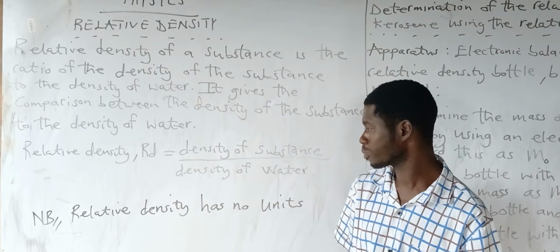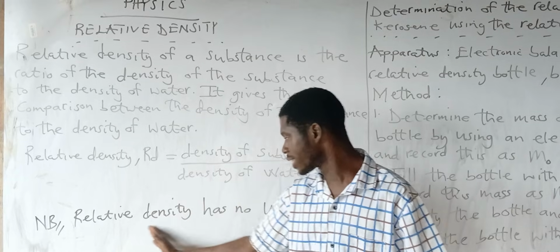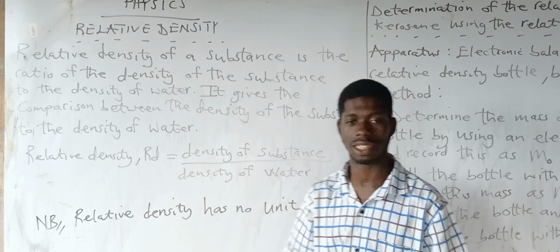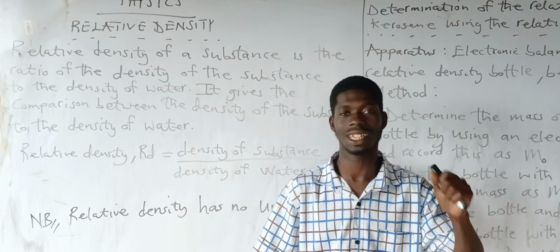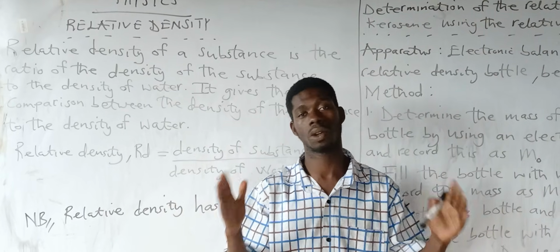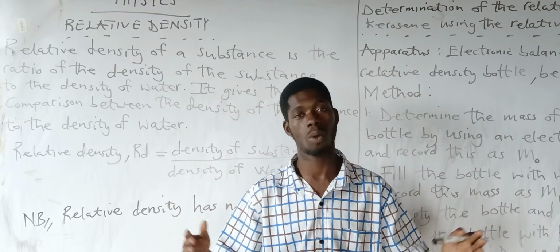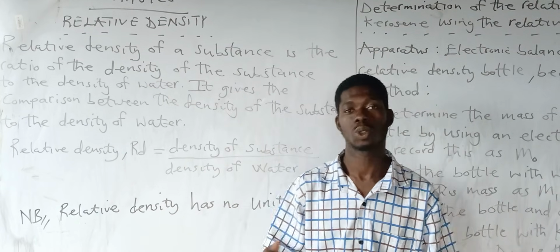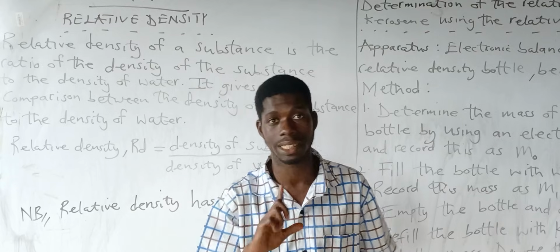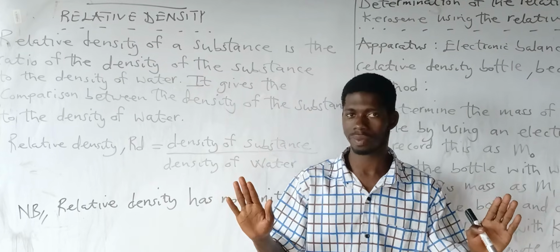Now, relative density has no units. During our last lesson, we learned that density has units: kilogram per meter cube or grams per centimeter cube. But relative density has no unit.